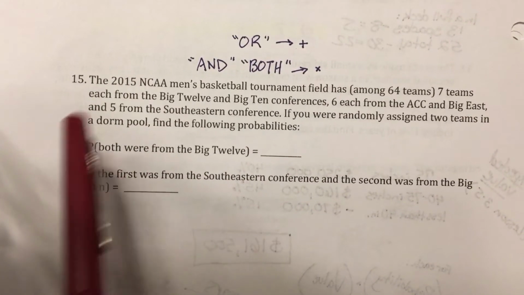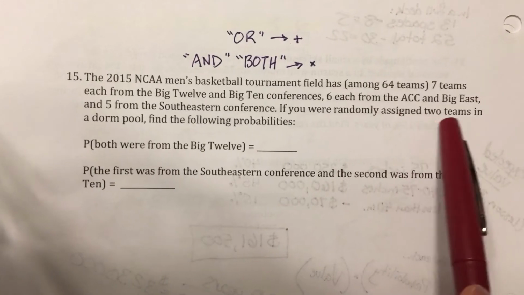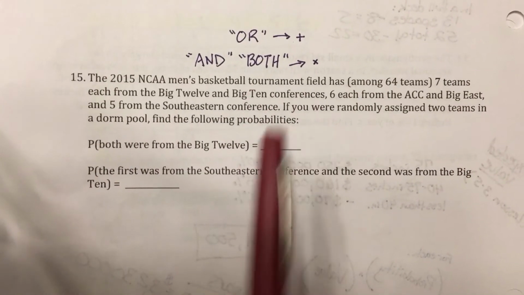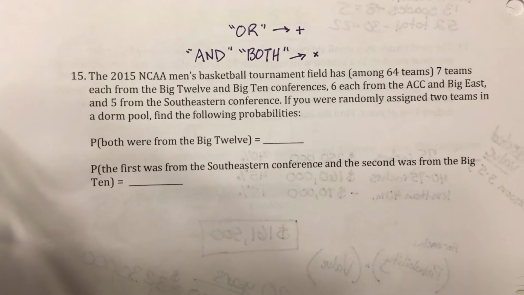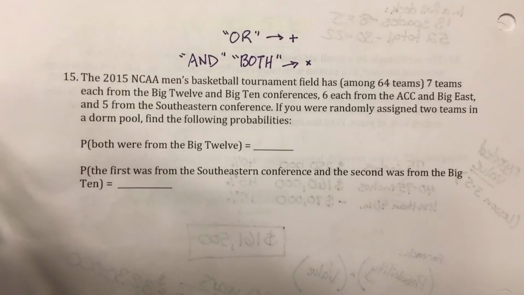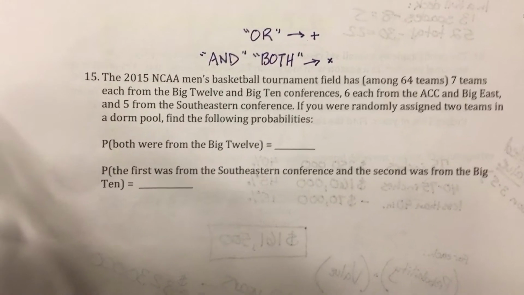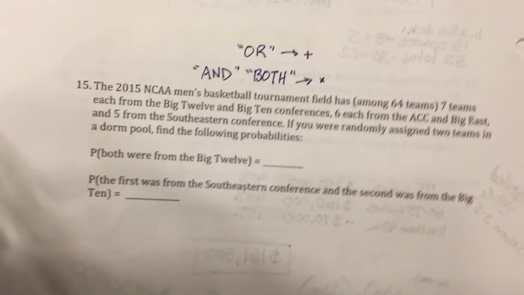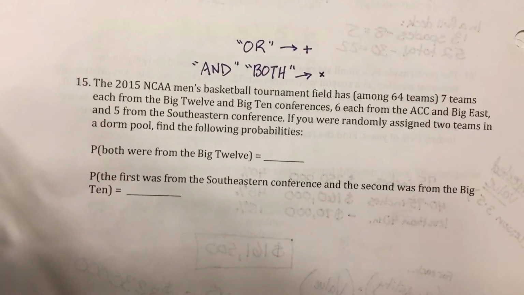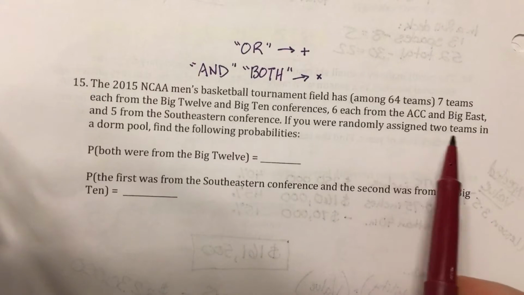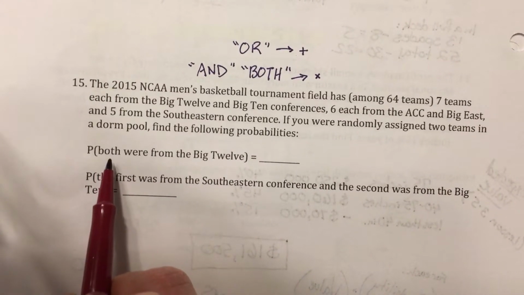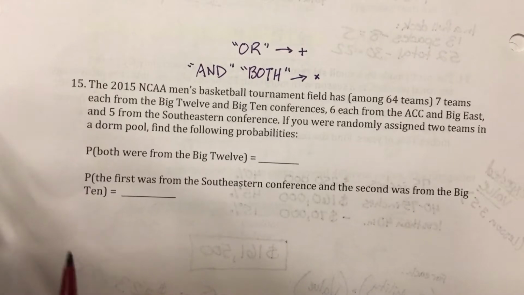So we're randomly assigned two teams in the dorm pool from this basketball tournament. This is obviously a year when we don't have a pandemic going on, and they're playing these games. So you are randomly assigned two teams, and we want the probability that both were from the Big 12.